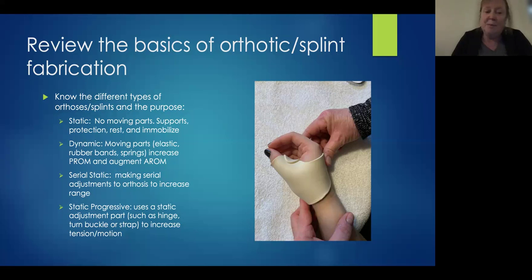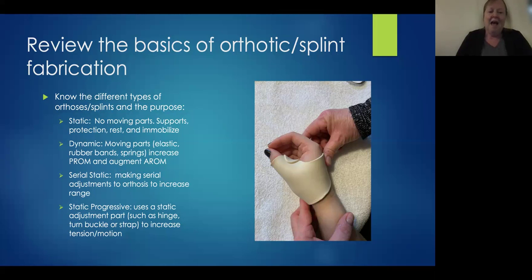Sometimes we will make static orthotics to protect a structure. Sometimes a person will have a fracture and the doctor takes them out of the cast a little bit early, and they want the therapist to make them an orthotic to protect the bone until it's thoroughly healed. But you can easily remove it to do your exercises.